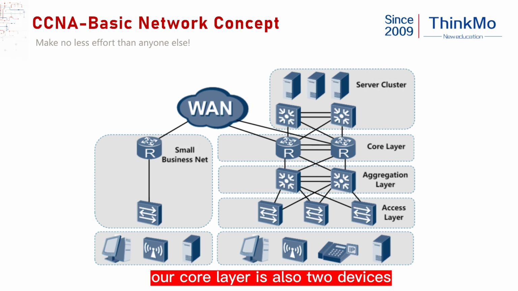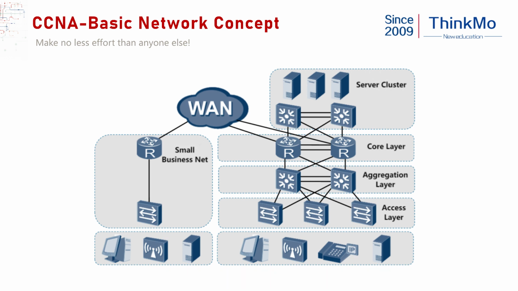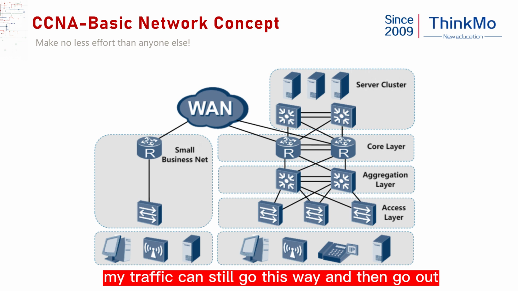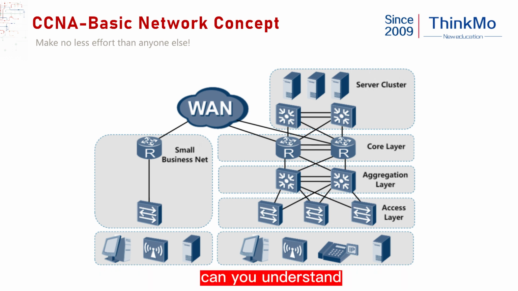Our core layer is also two devices. If a device hangs, my traffic can still go this way and then go out. Can you understand? So each layer has more options. We call it high availability.